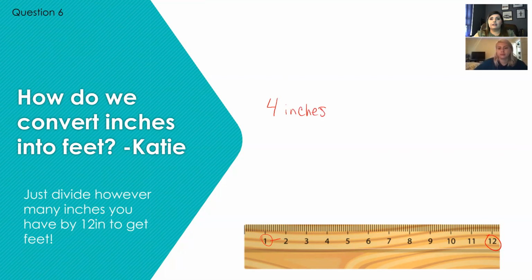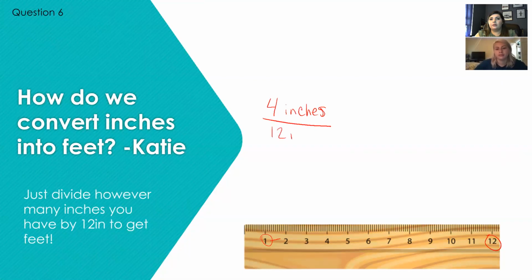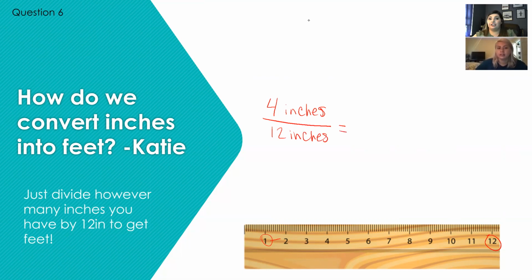We're going to divide however many inches you have by 12. So we're going to do 4 inches divided by 12 inches, and I'm going to use my calculator because we're going to get a fraction. We're dividing by 12 inches because there's 12 inches in 1 foot, correct?